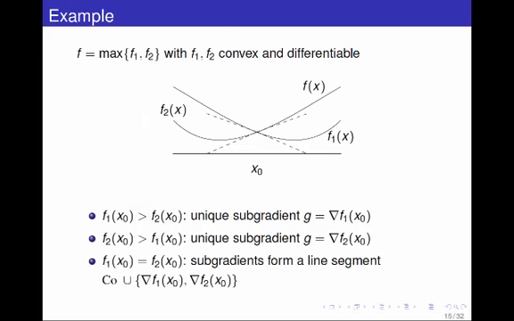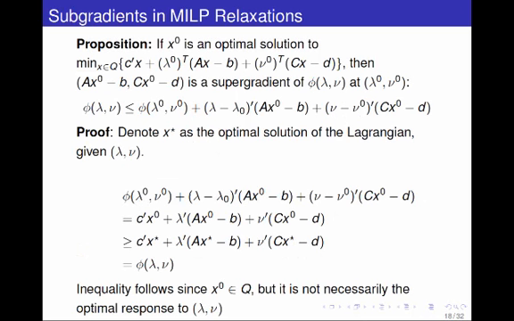Okay, so let's see why this is the case over here. What we would like to show is that lambda 0 nu 0 is a supergradient of phi; we would like to show that the following holds.